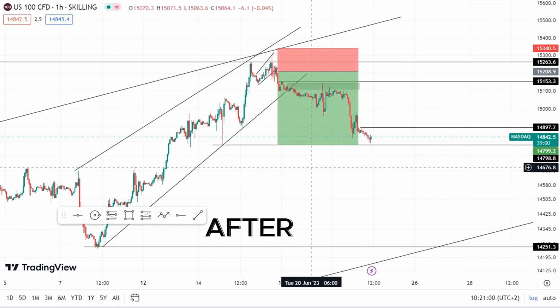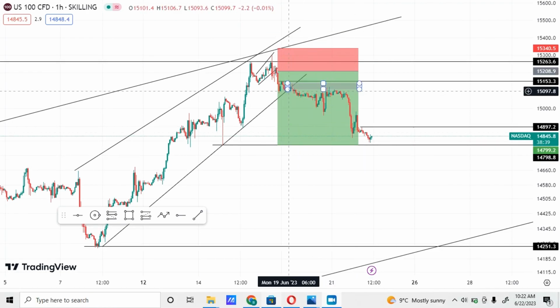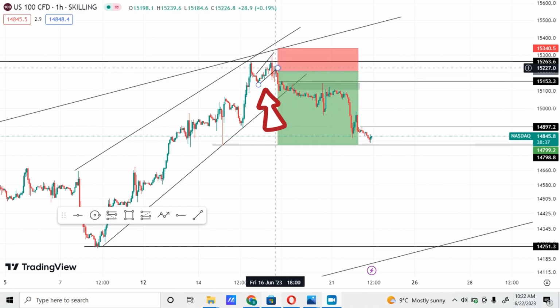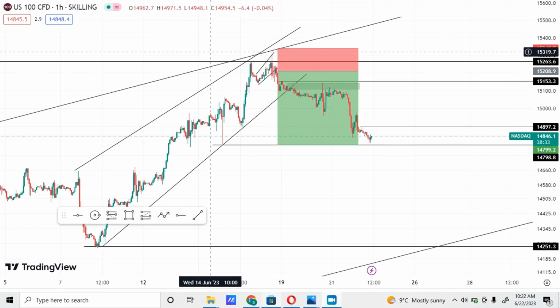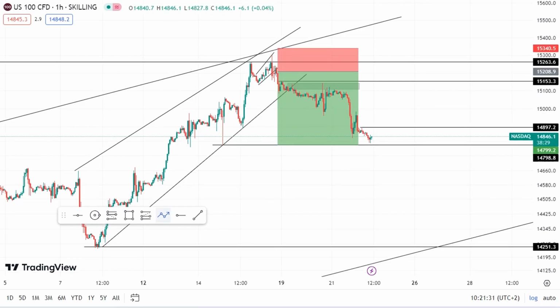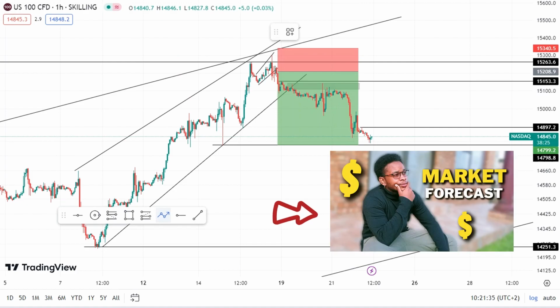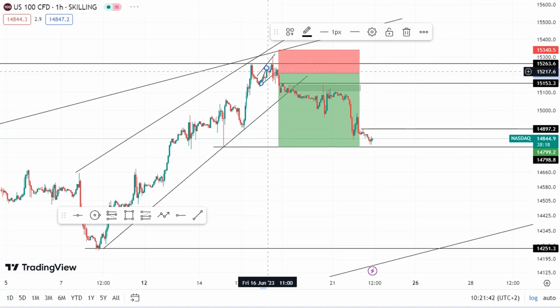So to explain how I saw these sells on Nasdaq. So when I started seeing this bearish flag on Nasdaq, I identified that we are heading to the downside. Because if you actually saw my previous video before this one, I anticipated that I think we were currently here, that Nasdaq would do something like this.